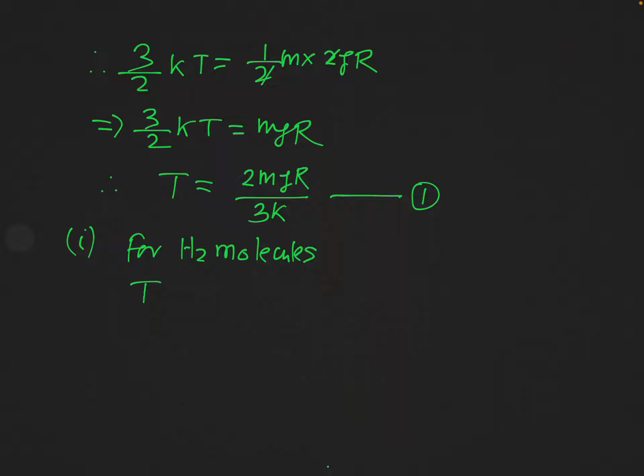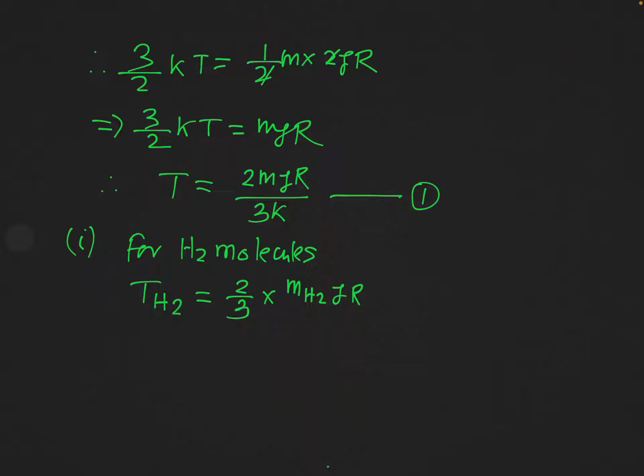We can write this temperature TH2, and this TH2 will be equal to 2 over 3 times the mass of a hydrogen molecule, so this will be MH2. G and R are constants, so those will be the same.